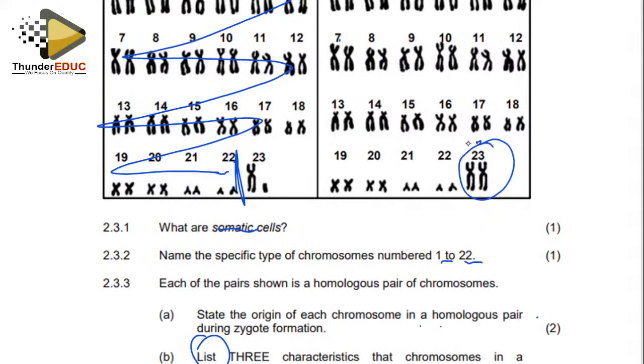Because this is a female, this is a male. So these are two different individuals. You cannot have identical twins who are different sex. You understand? So it cannot happen that way.